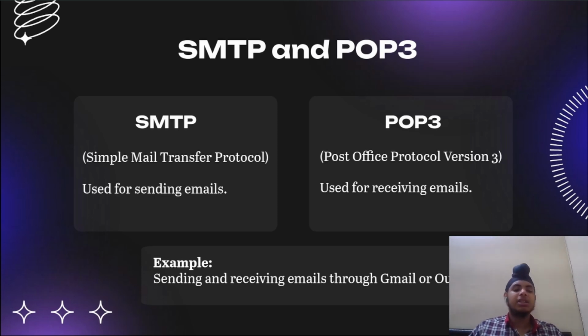Its example is sending and receiving emails on Gmail, Outlook. Outlook is Microsoft's email service. When we send mails, the SMTP protocol is used, and POP3 is used when we receive mails.